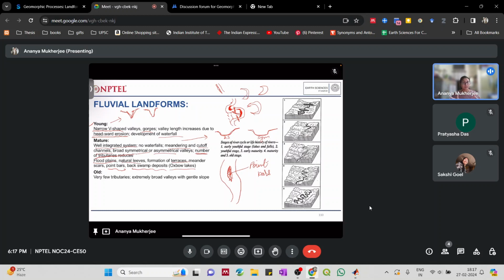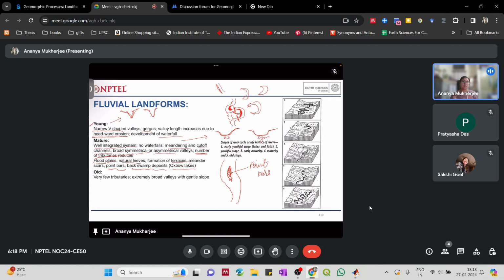So that's where they join the main river channel. And since most of the tributaries are then actually joining the main river channel, hence the number of tributaries reduces when the river is moving onwards from the younger stage to the more mature stage of its life.